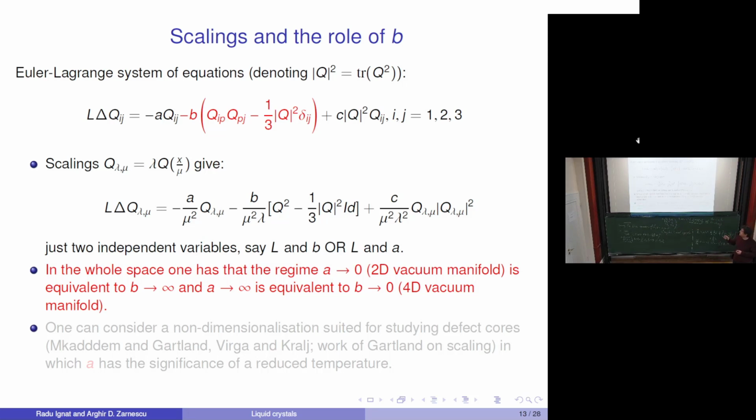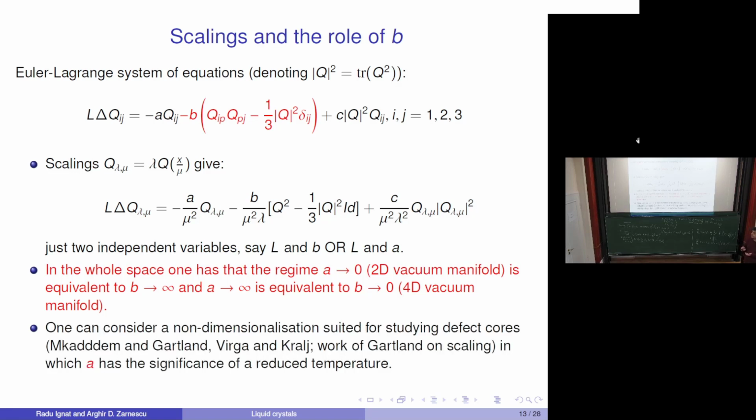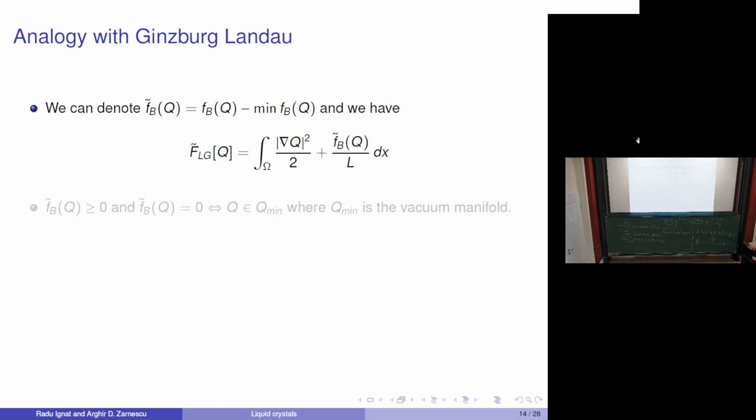Related to this change of variables, what you should really do is to non-dimensionalize the equation to see what is the correct limit in which you hope to see those defects. And this is where the analogy with Ginzburg-Landau comes into play.